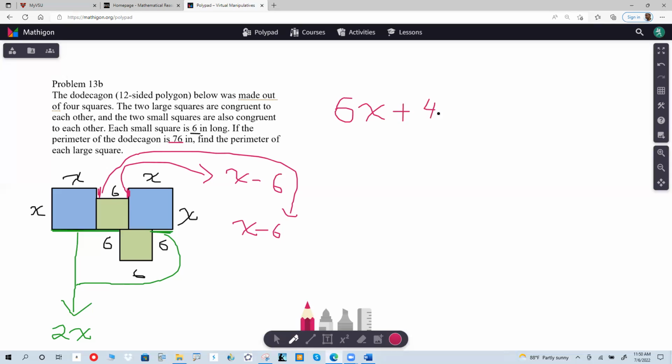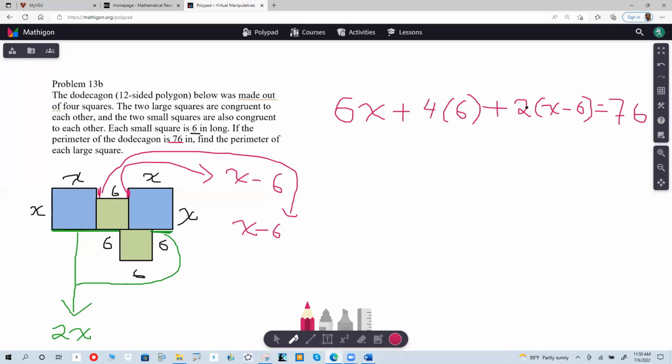I'm going to write it like this for now. Then I have the 2 pink x minus 6. And all of this should account for the perimeter of the whole shape, which is a dodecagon, or a 12-sided polygon. And I'm going to write 76 because that's what it is according to the question.